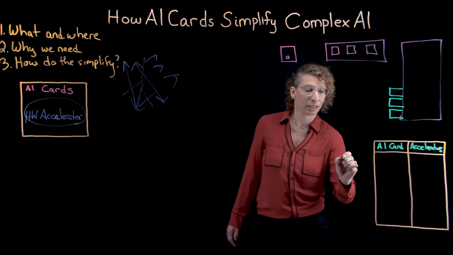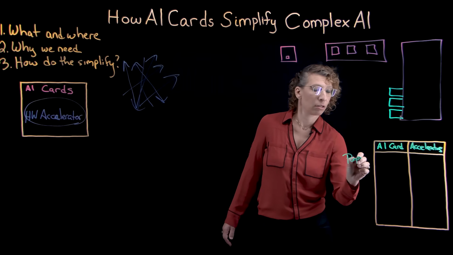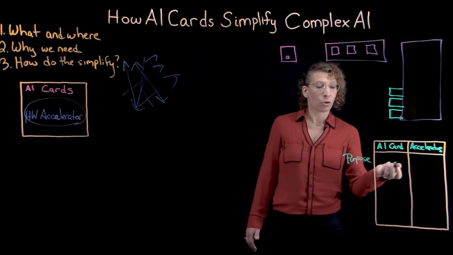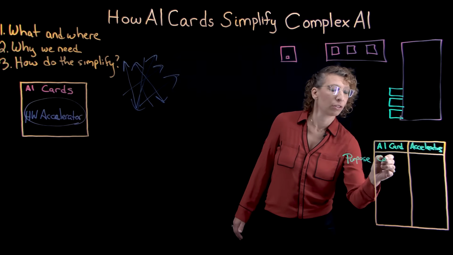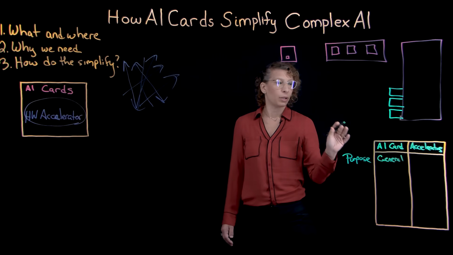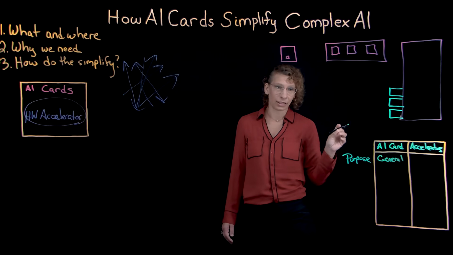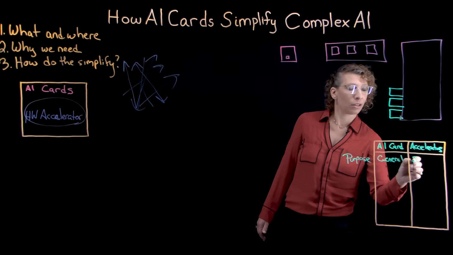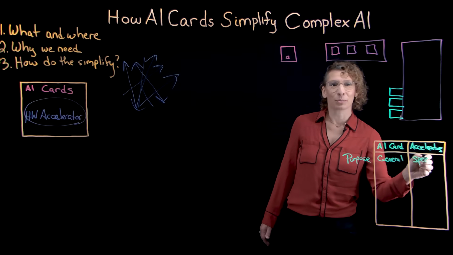Why did we build this thing? A card that's just being used for AI was built for a general purpose. But a card that's designed to accelerate AI was obviously designed with a specific purpose.